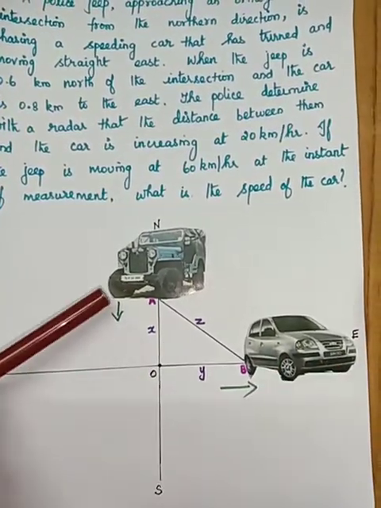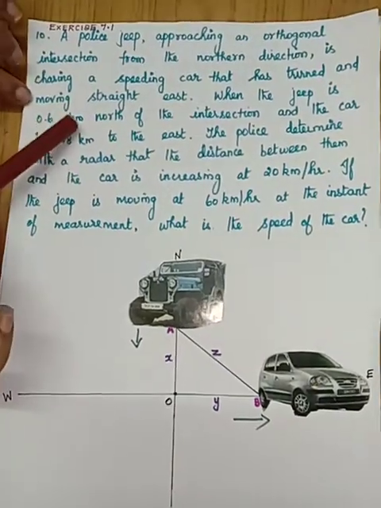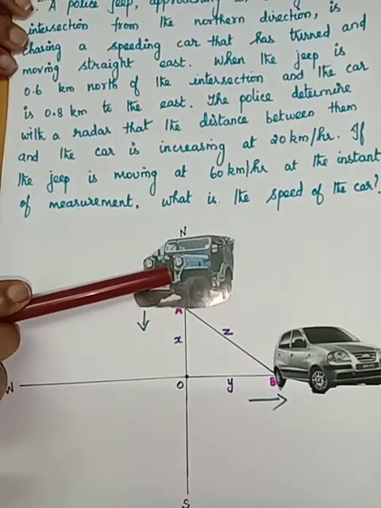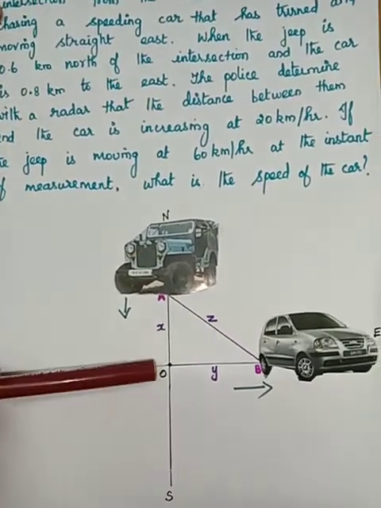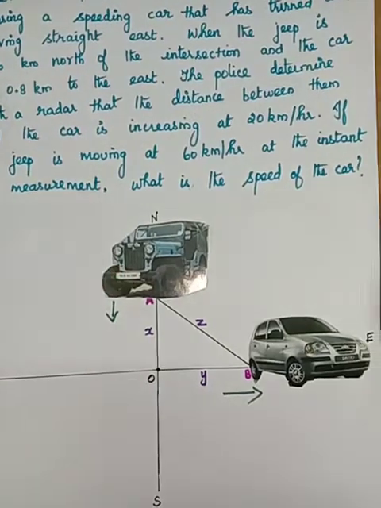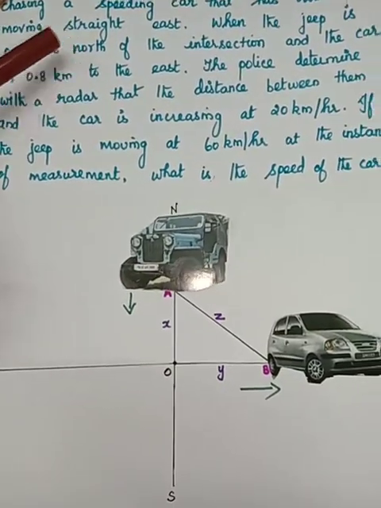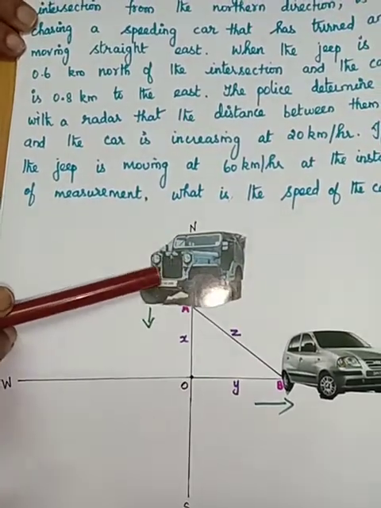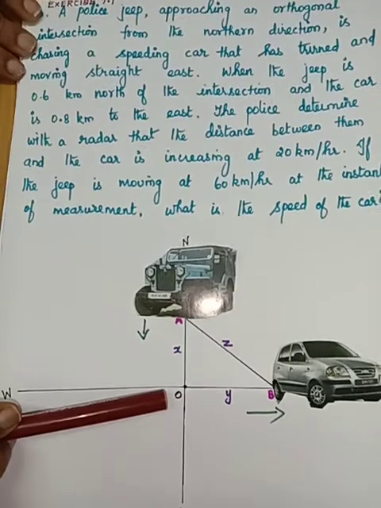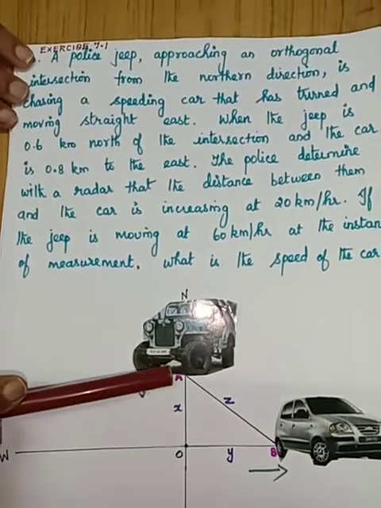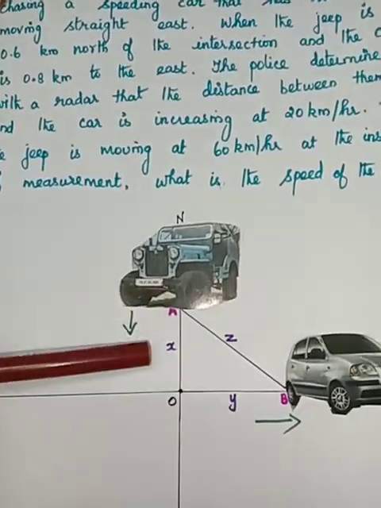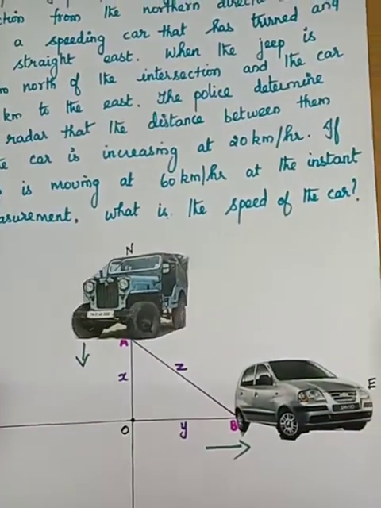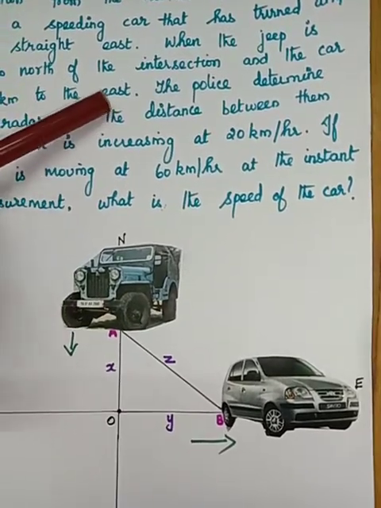See, when the jeep is 0.6 km north of the intersection, the distance between the position of the jeep and the intersection point is 0.6 km. So A is the position of the jeep and O is the point of intersection of the two roads. Then we take OA as x. In the same way, the car is 0.8 km to the east.